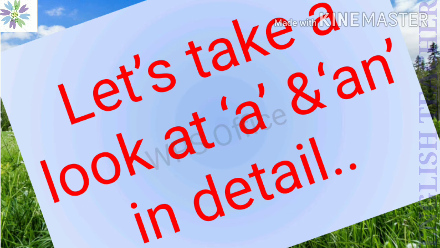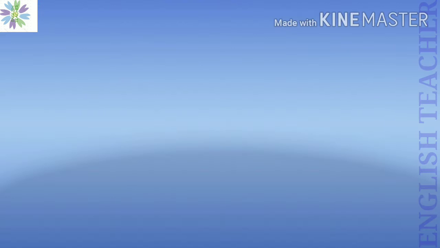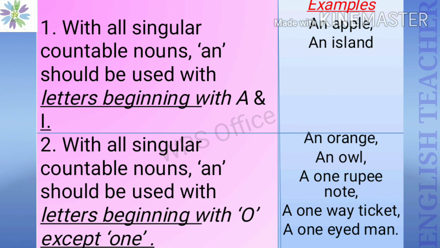Let's take a look at a and an in detail. Examples of words beginning with A and I are an apple, an island. Other examples which start with the letter O are an orange, an owl, a one rupee note, a one-way ticket, a one-eyed man.